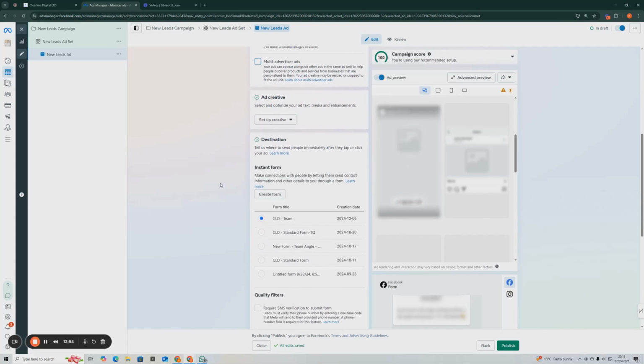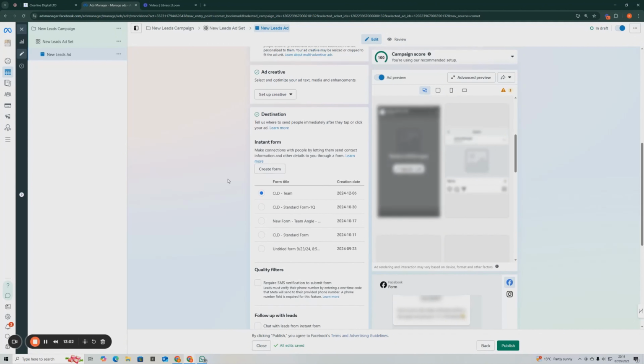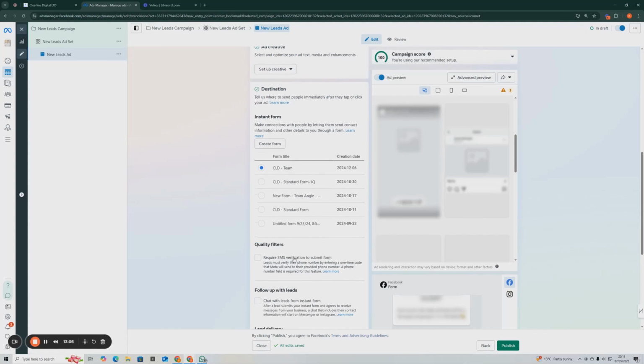Destination. So here you would either put the link to your landing page in, or you would create your instant form. When you use your instant form, I'm dropping a video in a few days on this. Please tick this require SMS verification. It is so useful just on the basis of it's like a button that just immediately improves lead quality, and it doesn't really affect your cost per lead either, which is what baffled me.